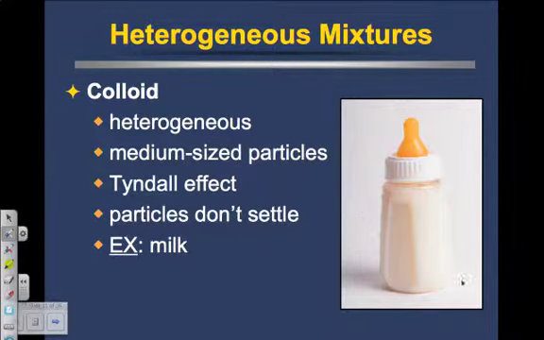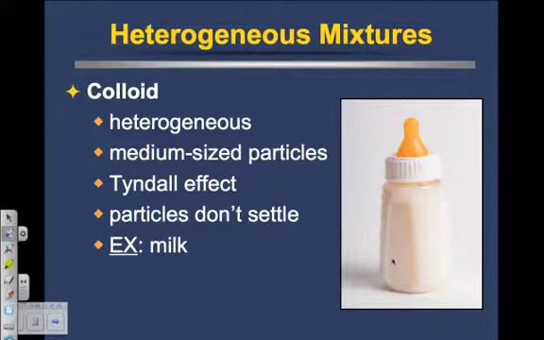Right here, milk is considered a colloid. It looks like one substance. However, light will not get through it because the particles are so much bigger. Because the particles are so much bigger, we don't consider it to be homogeneous, because if you look at milk underneath a microscope, you'll see that it is heterogeneous. You'll see little bits of fat and other kinds of things that are in there.